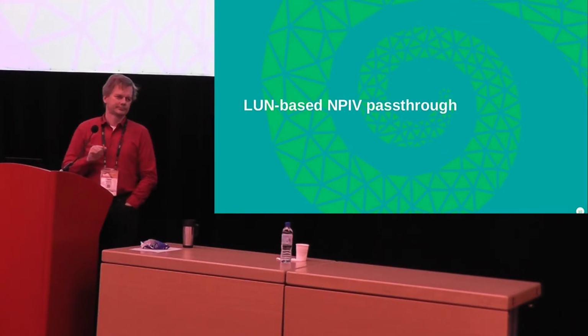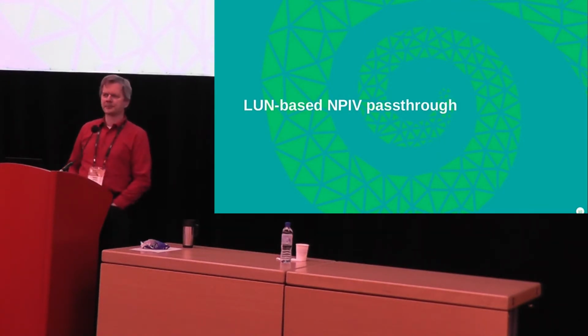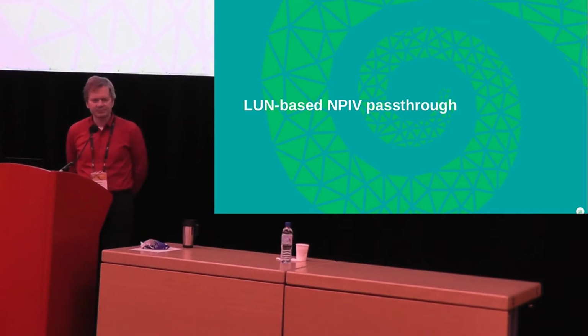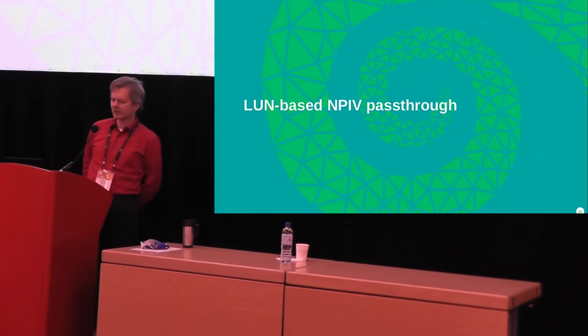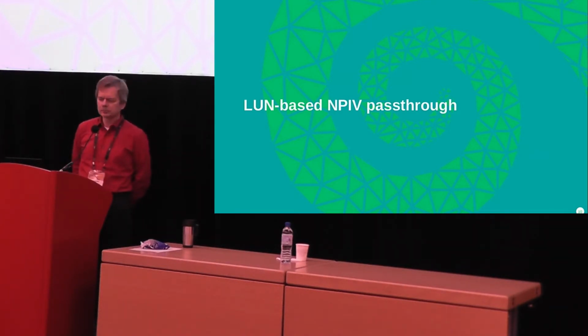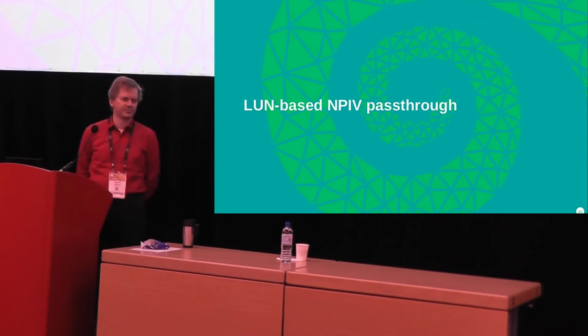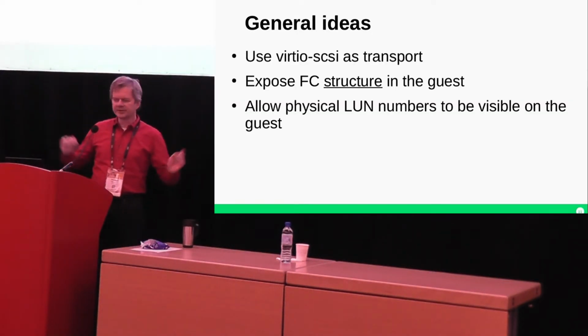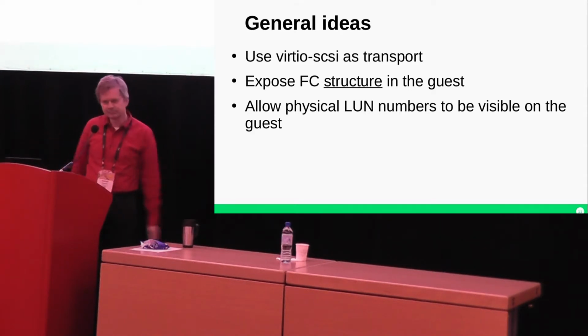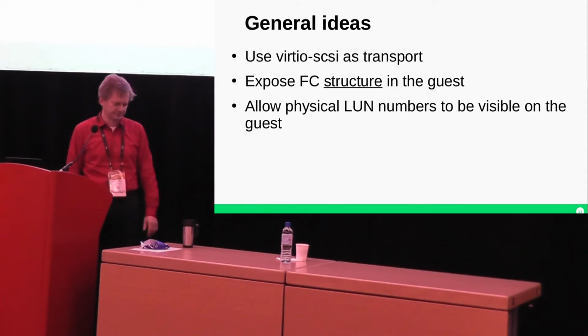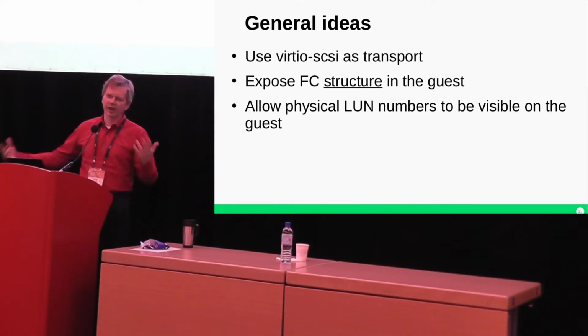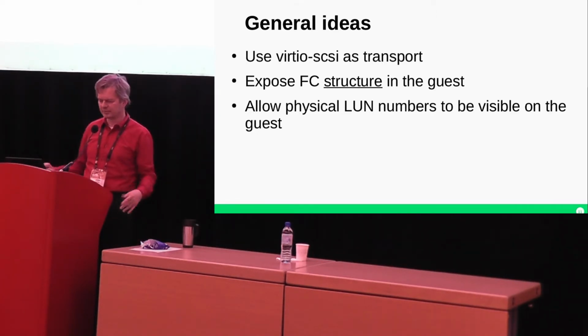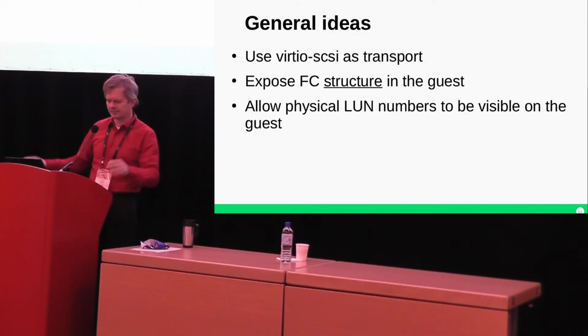So, what do we do? I had been looking at the first option of the three, how we could do a device-based NPIV pass-through. So, the general idea is the KISS principle, keep it small and simple. We already have SCSI, and this transports the SCSI CDBs and works perfectly. So we should just use it.